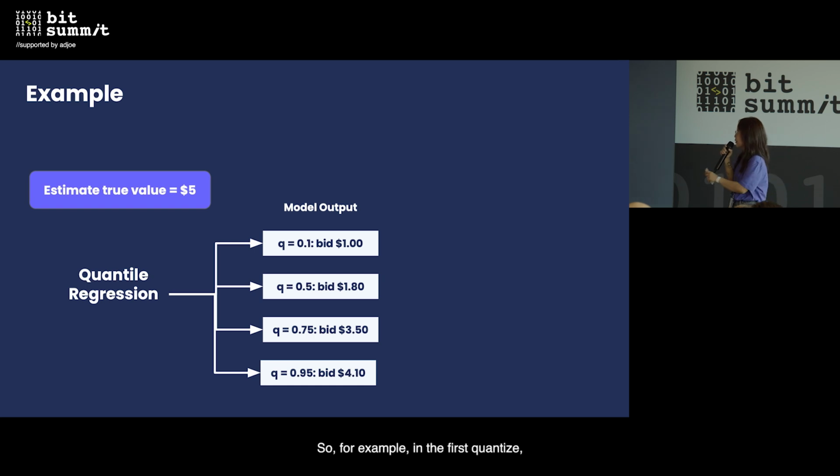So for example, in the first quantile, which is 0.1, we bid $1. So this means that we could have a 10% chance of bidding higher than the other players with this bid of $1. And for example, for the second quantile, which is 50%, we could bid $1.8, which means that with this bid, we could be higher than 80% of the other players in the auction.